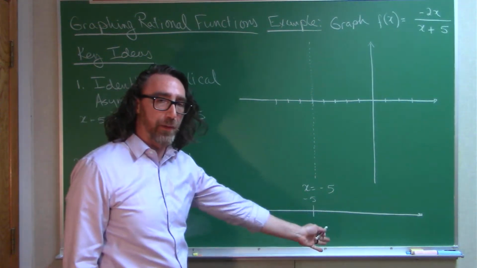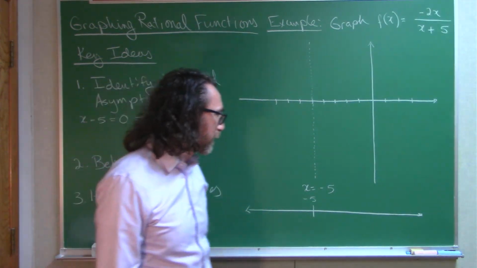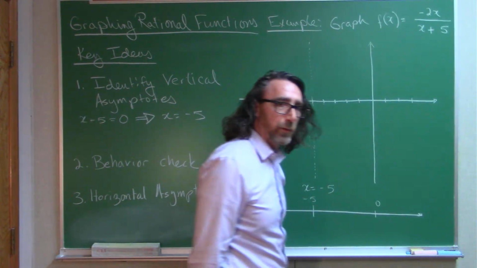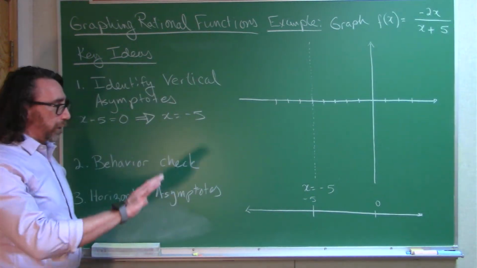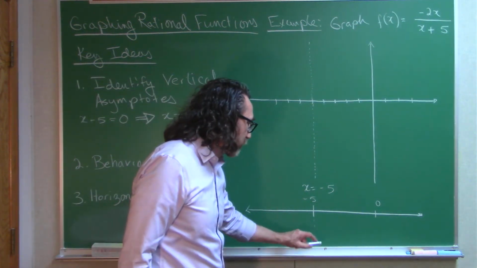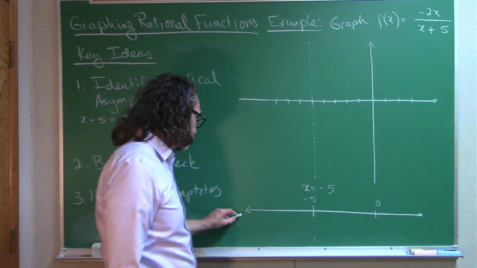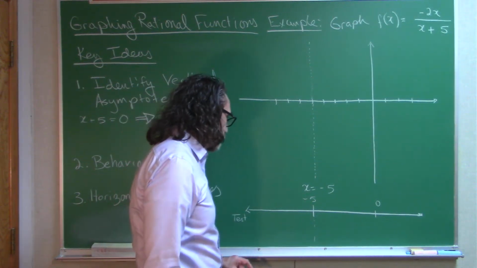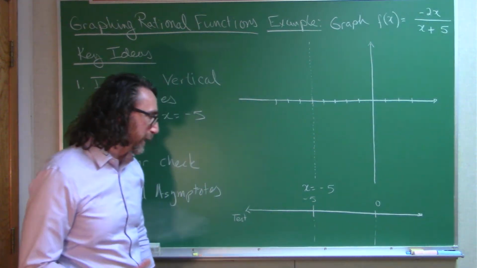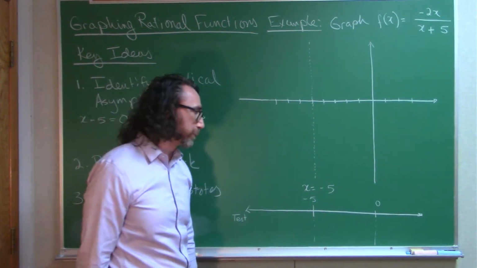So I'm going to check how the graph is behaving on each side. And I'm also going to check 0. When you're making your sign chart to understand how a rational function behaves, you should look at places where both the numerator and denominator are 0.